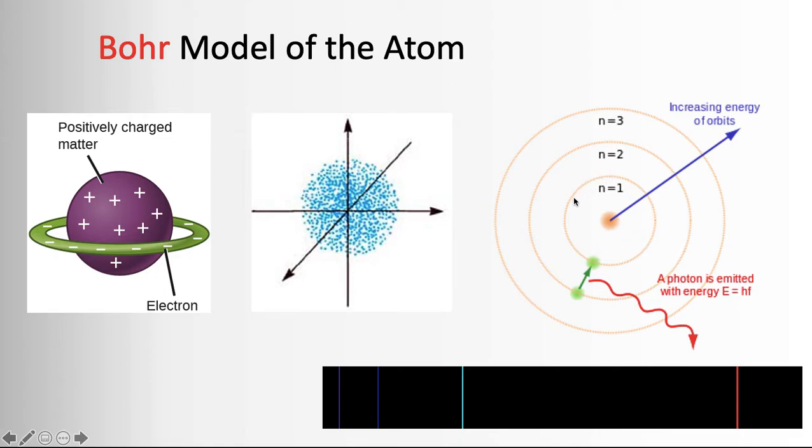And he postulated that these shells, these energy levels that we've been talking about, have very, very distinct energies. And an electron cannot go from one shell to the next, or one energy level to the next, without absorbing some energy. And it has to be the exact kind of energy. It cannot be from halfway, for example.